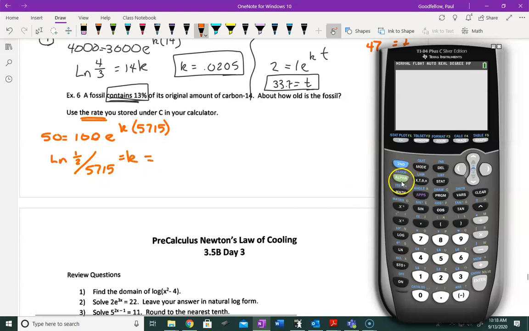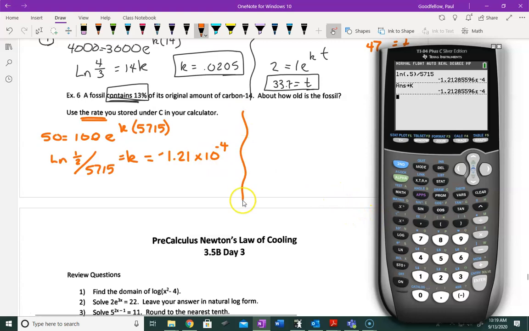Let's find that. The ln of 0.5 divided by 5715 would give you this, store it as alpha k. And we've got that k value in there. That's negative 1.21 times 10 to the negative 4.